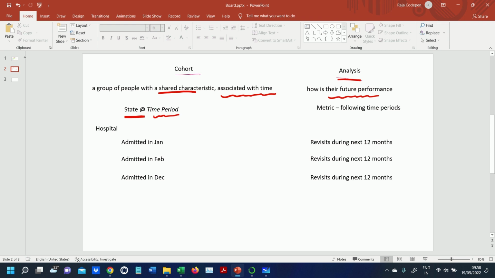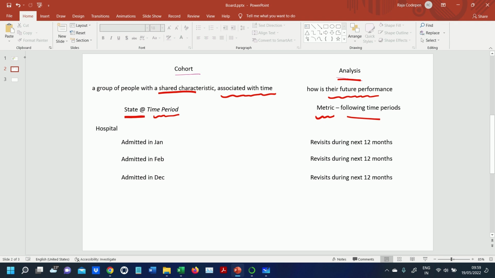For that group of people you want to measure some metric, either in terms of time, revenue, or their retention. So there are different types of how they are performing in the following time periods. That is the abstract definition of what you mean by cohort analysis.